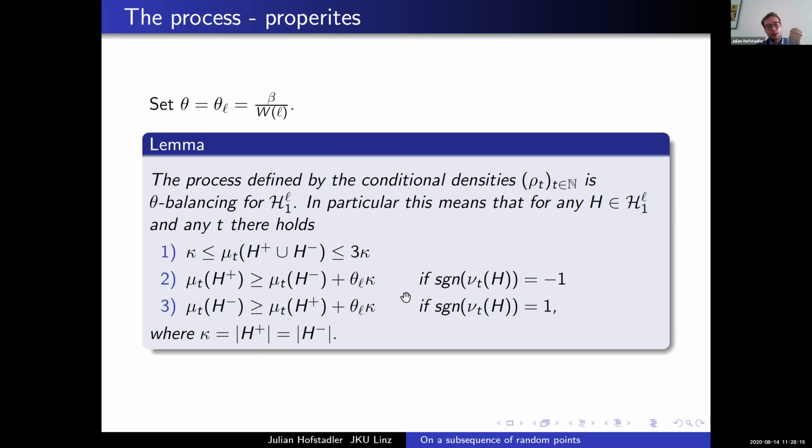And additionally, we have that if there are more points in H minus, then this quantity will just be -1. And we see that we just increase the probability of the t plus first point to fall into H plus. And this also depends on this theta here and on the size of the support of the half function. And if there are fewer points in H minus, it's just the same.